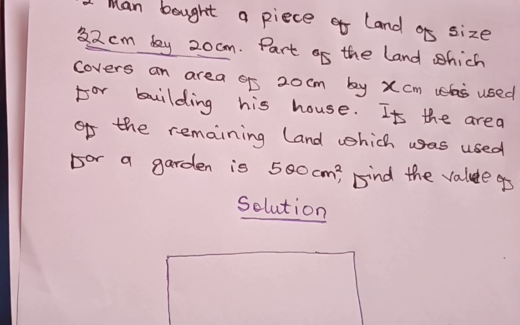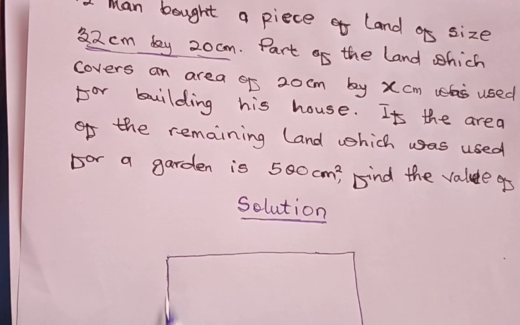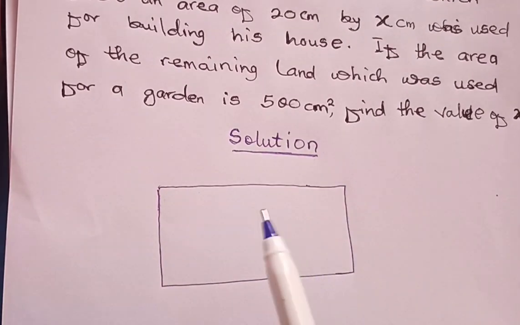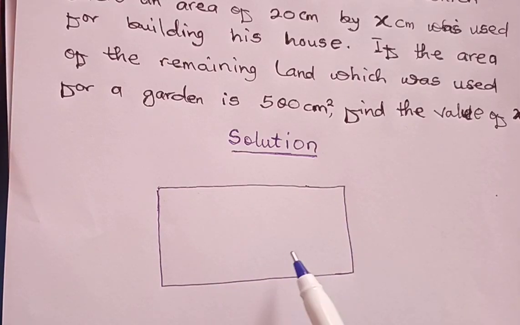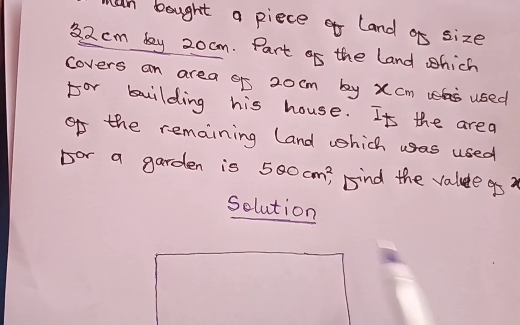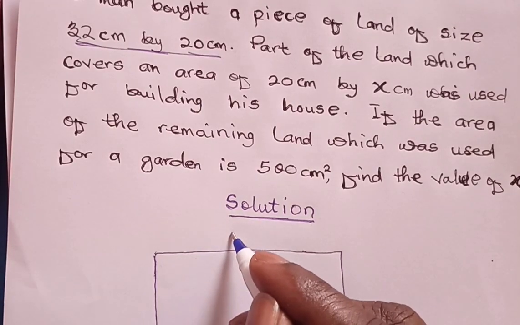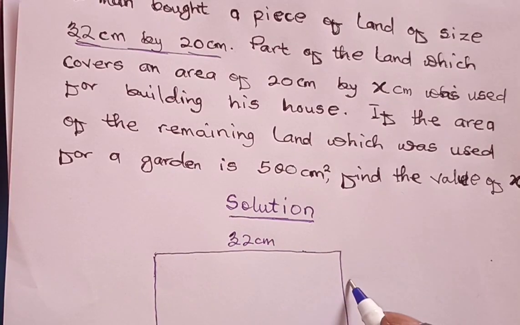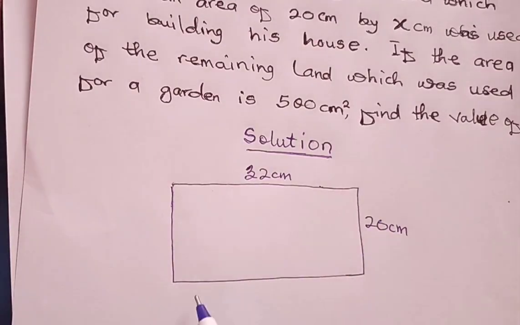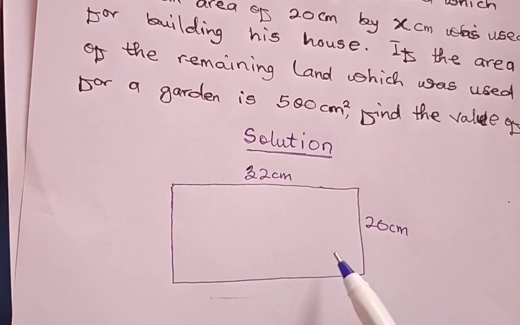Looking at this shape, you can see that it resembles a rectangle. So let's say this is our piece of land, and looking at the figures given, we have here 32 centimeters, and here 20 centimeters. That is the size of the whole plot of land.